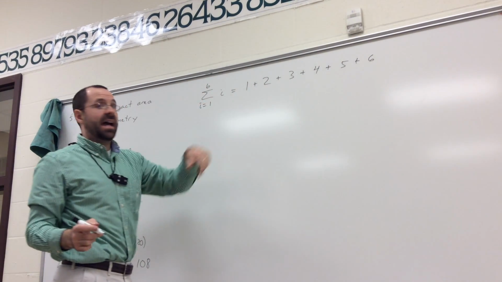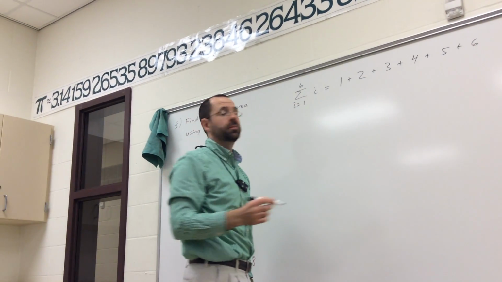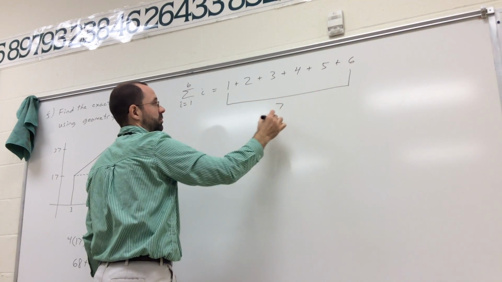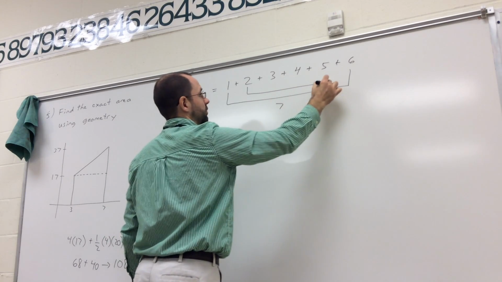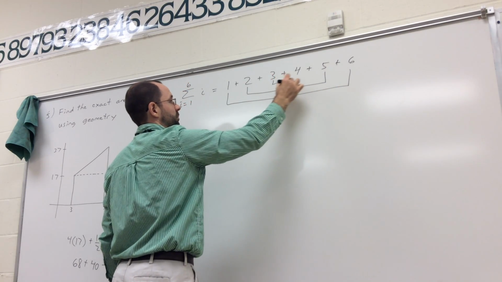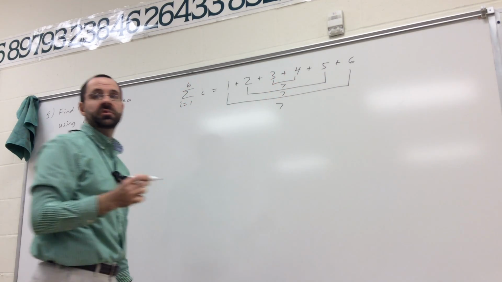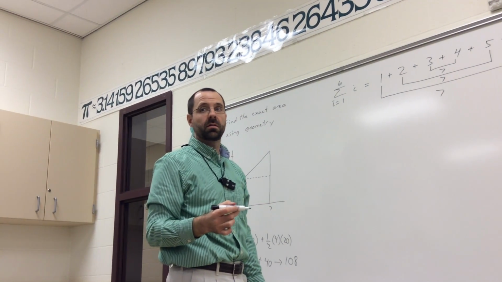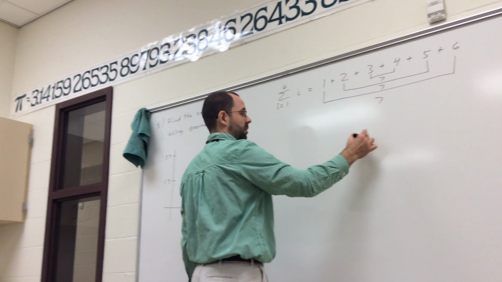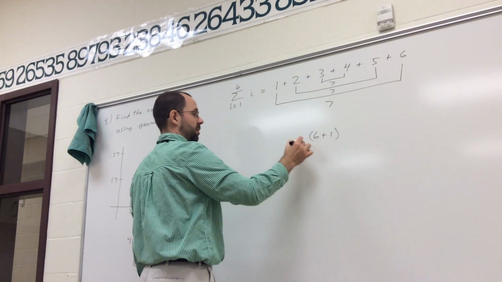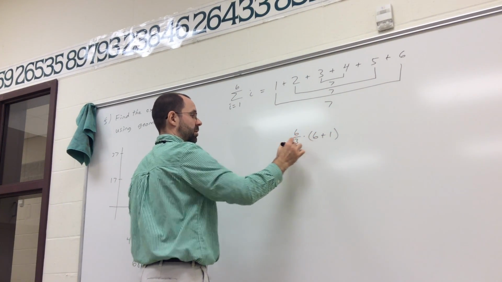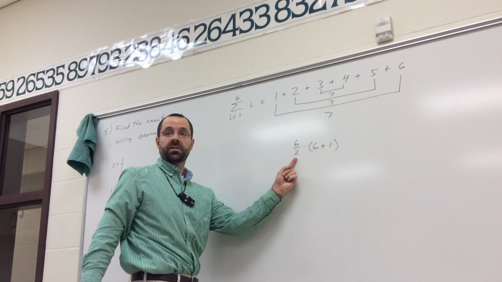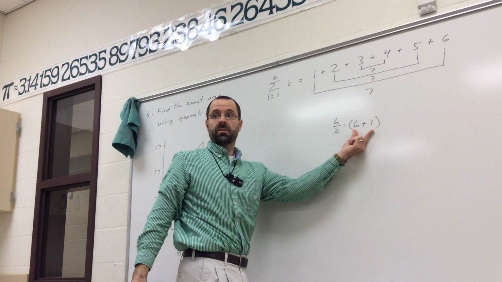So the easiest way to add these up is to pair them up. So notice that there's 3 pairs of 7.